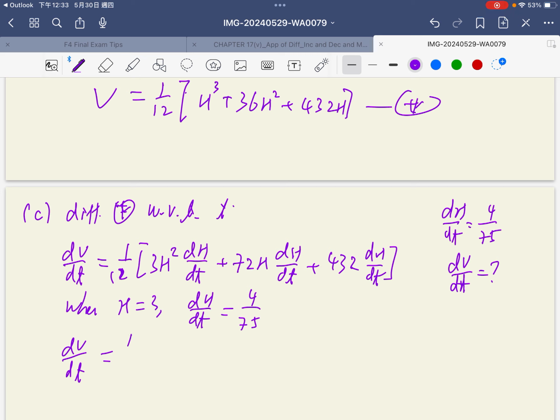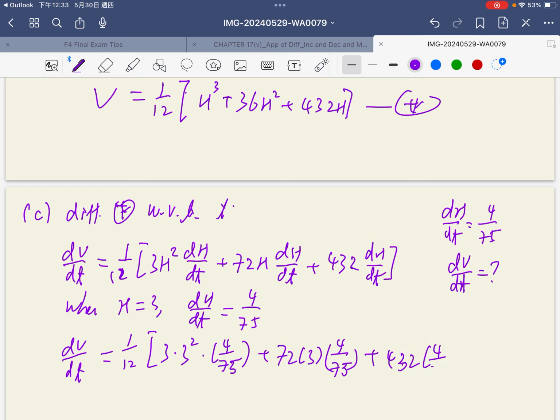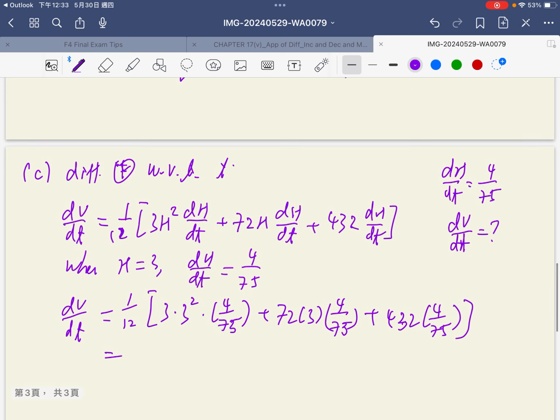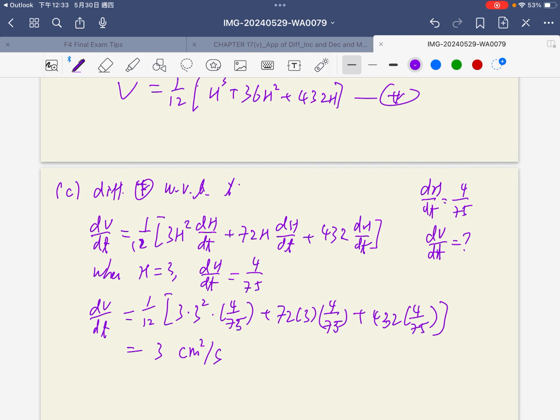We have 1/12 times (3 times 3 to the power 2 times 4/75 plus 72 times 3 times 4/75 plus 432 times 4/75). After calculating with a calculator, the final answer is 3. The unit should be cm squared per second. Okay, this is the solution.